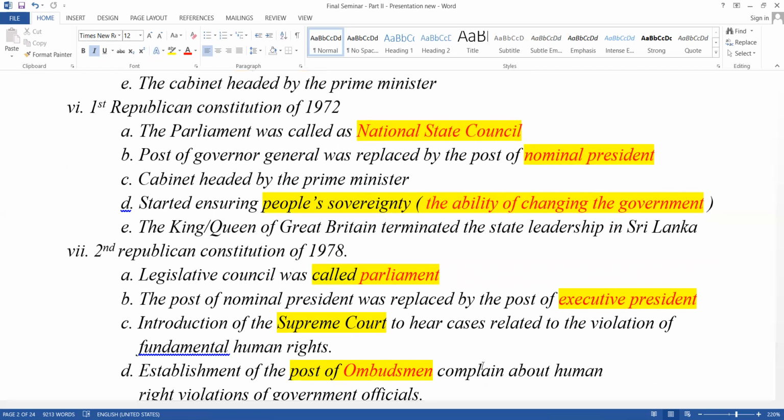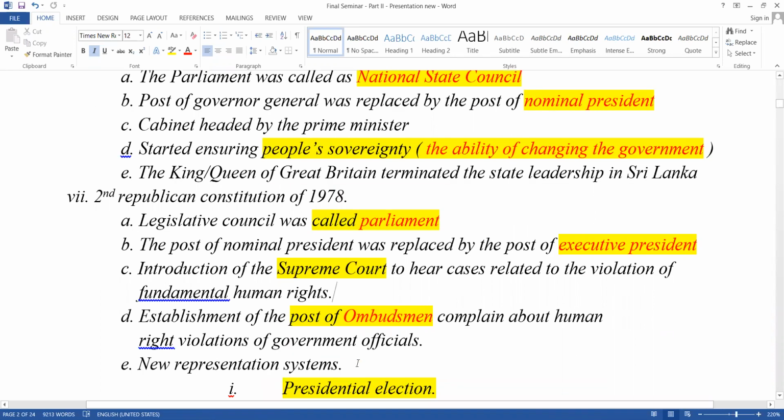But if the human rights of government officials were violated by their higher officials, they should not go to the Supreme Court. So where do they have to go? They have to complain to the ombudsman. A new post known as ombudsman was introduced for government servants to complain about human rights violations by higher officials.